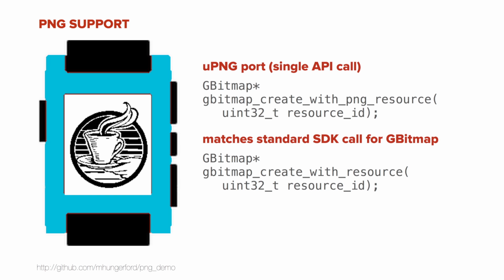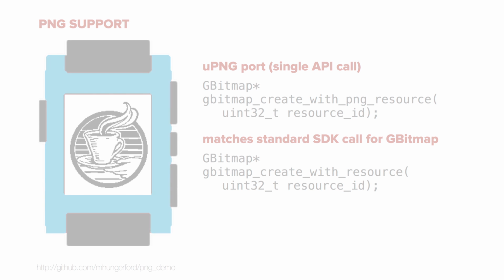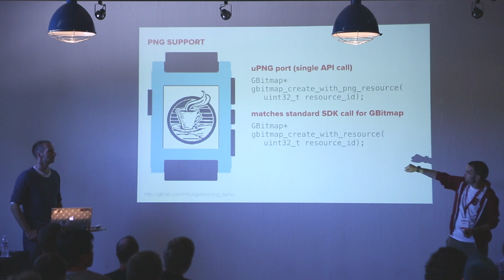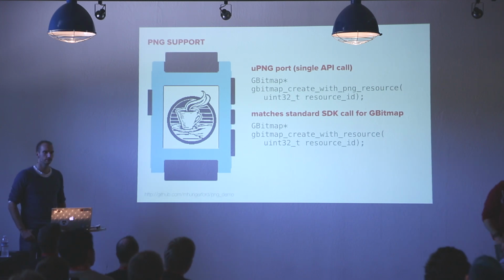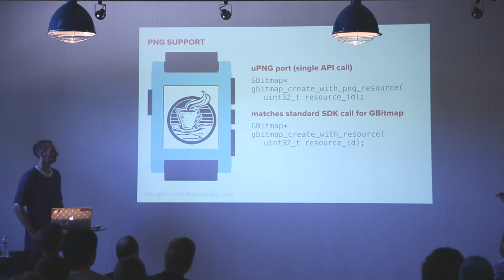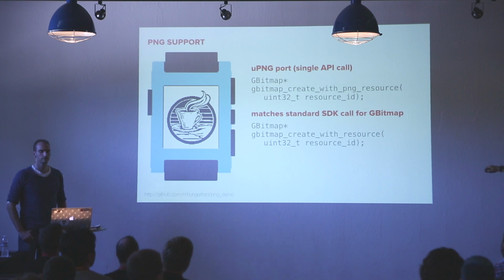So as a convenience, the entire PNG library available at the PNG demo down here is one function, gbitmap_create_with_png_resource, which is made to mirror gbitmap_create_with_resource. So it'll give you the exact same thing, and you're just giving it the resource handle. So you can add this to your applications by just changing and adding 3 extra characters there, and switch from using bitmaps directly to using PNGs.